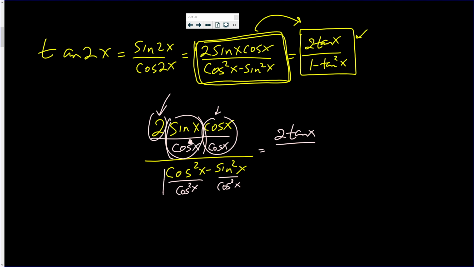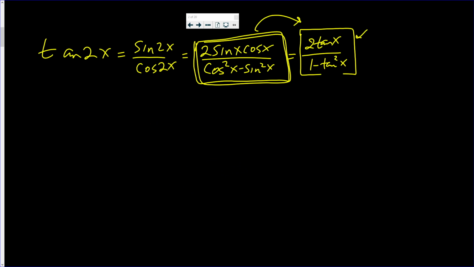In the bottom, that's 1 minus, and sine x over cosine x is tangent x. But I'm squaring it. There it is. I can get that formula. If you insist that I write it, I can easily derive it. So we have these formulas.